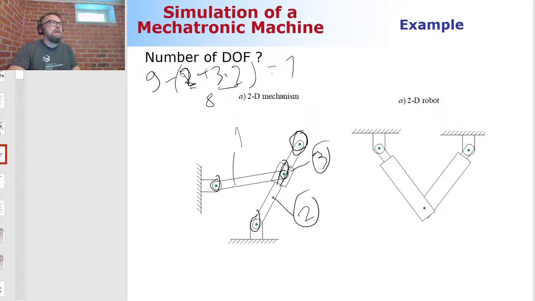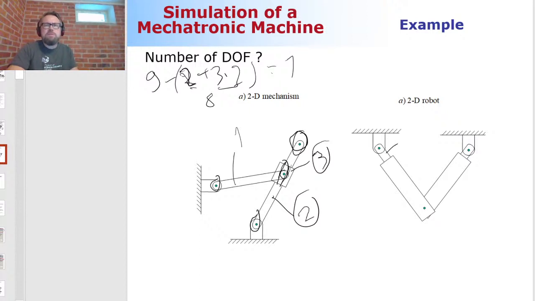Okay. Next. Again, I have a planar system. This time I have more moving bodies because I have here 2 cylinders that are connected together via, again, a revolute joint. So let's count the number of movable bodies here.